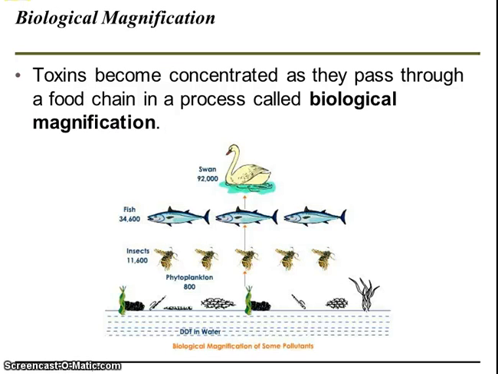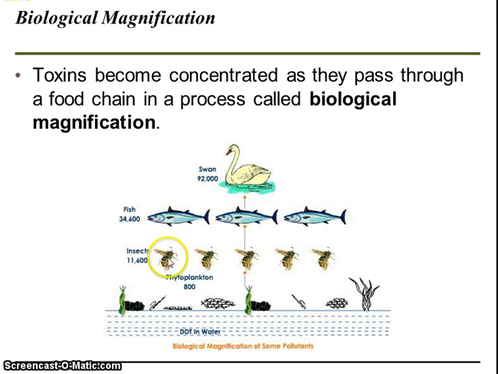Another concept I want to touch on is biological magnification. Each level that you go up the food chain, you'll see any sort of toxins accumulate at higher levels. And the reason that is, first level takes in some of the toxins, so like DDT, the pesticide, and then the next level takes in a lot of insects.